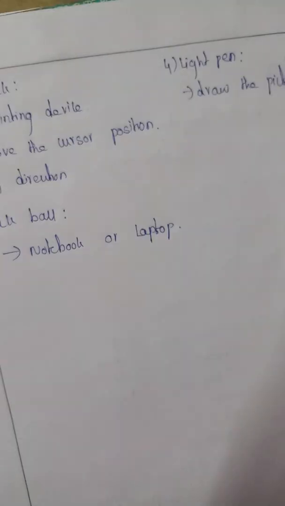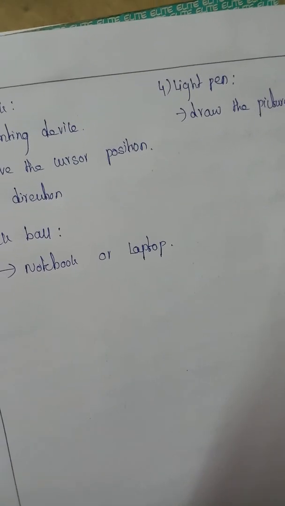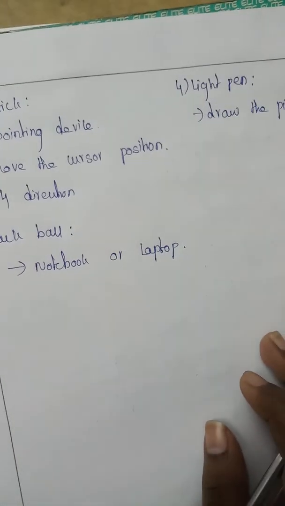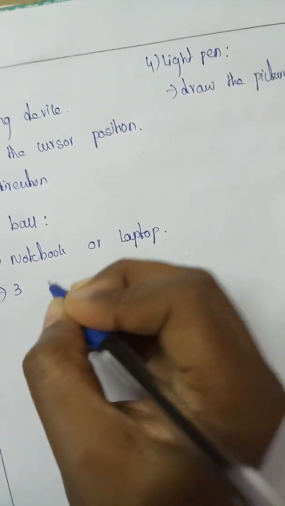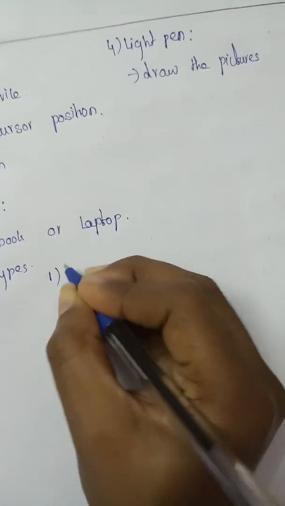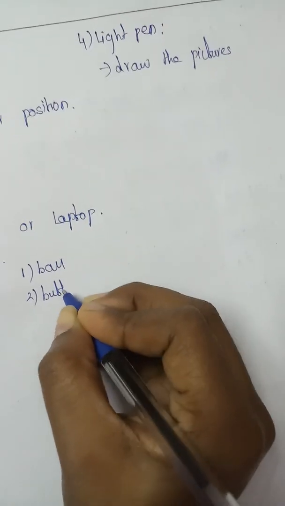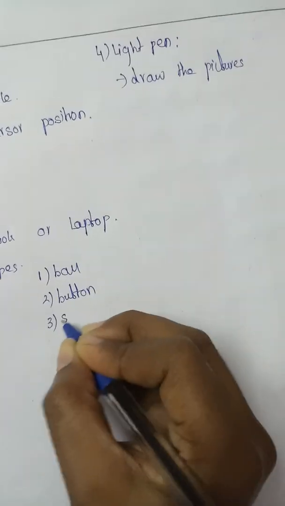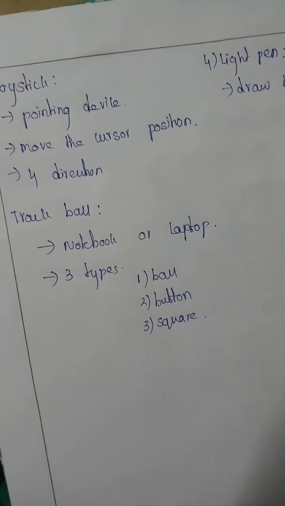There are 3 different shapes of trackball: the first one is ball, the second one is button, and the third one is square.